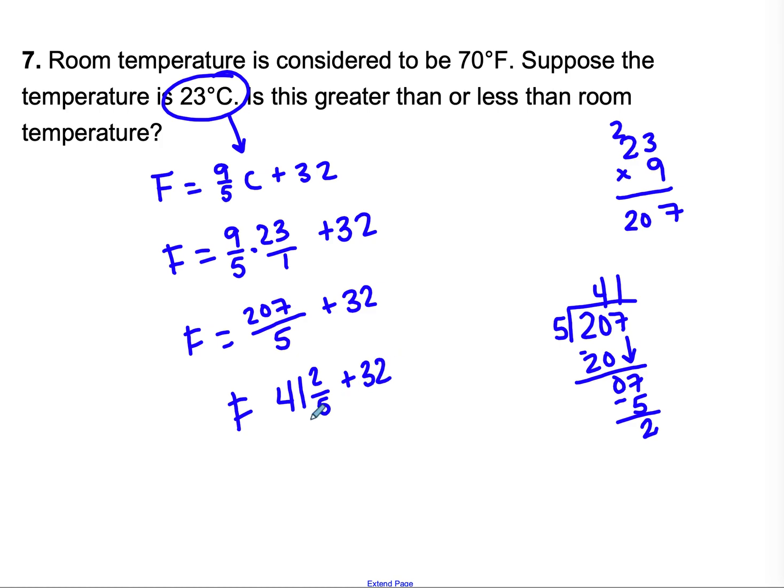Plus 32. And let's see, 41 plus 32 would be 73. And then of course I've got the 2/5. Degrees Fahrenheit, that's what the 23 degrees is. So is it greater than or less than 70 degrees? It's going to be greater than.